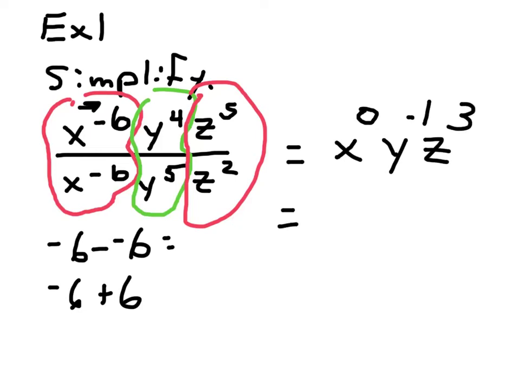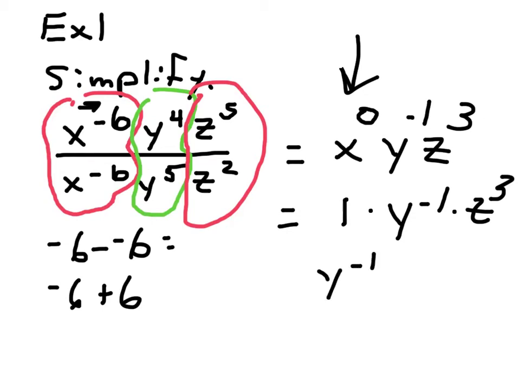Now I can simplify this, because I know that x to the 0 is just 1 times y to the negative 1 times z cubed, right? Or in other words, just y to the negative 1 z cubed. And that's my final answer. Now, suppose they wanted you to write your final answer with all positive exponents.